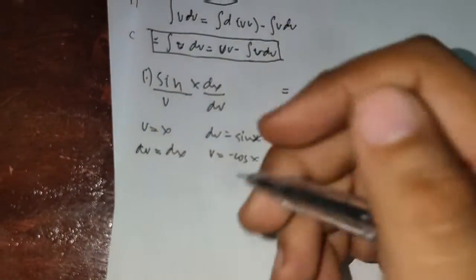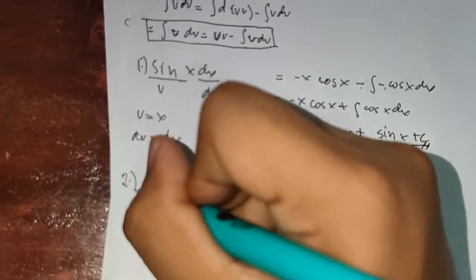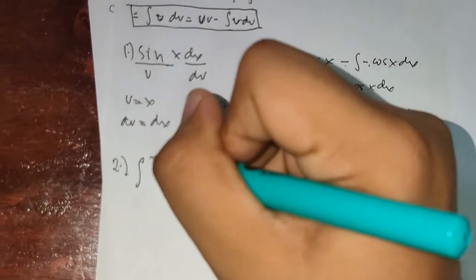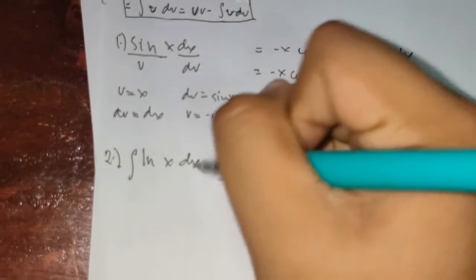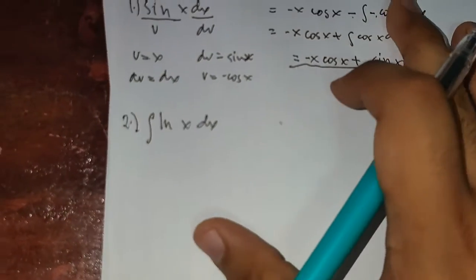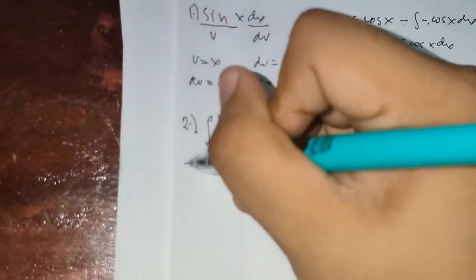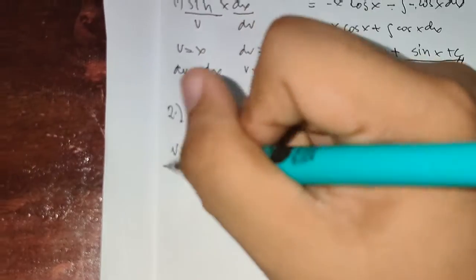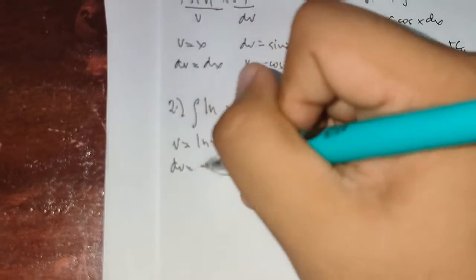In here, for our example number 2, integral of ln x dx. Our u here will be ln x, and the derivative of that will be dx over x.